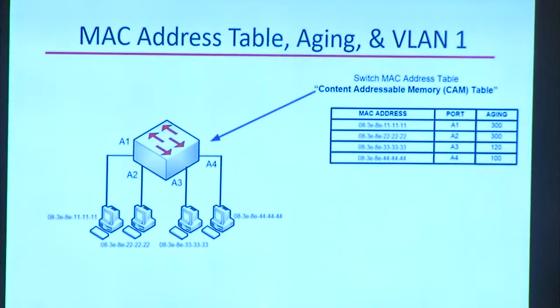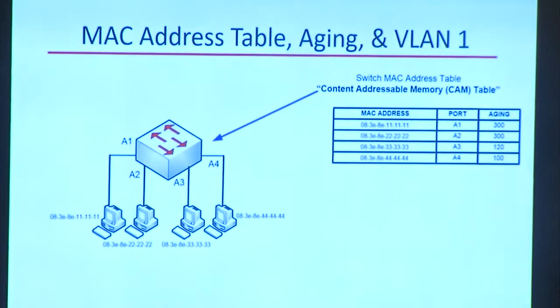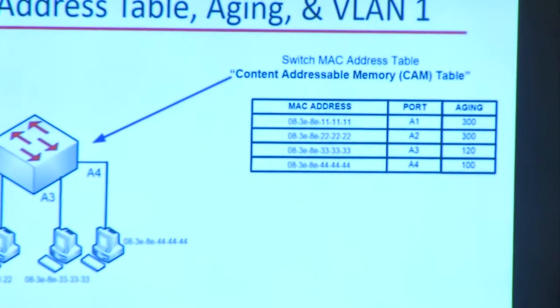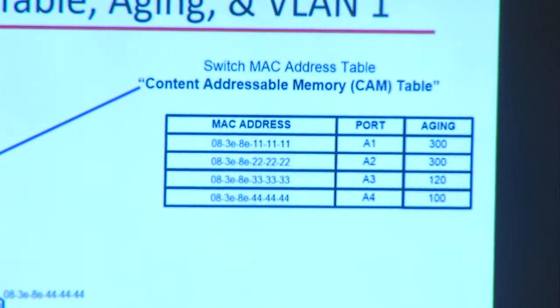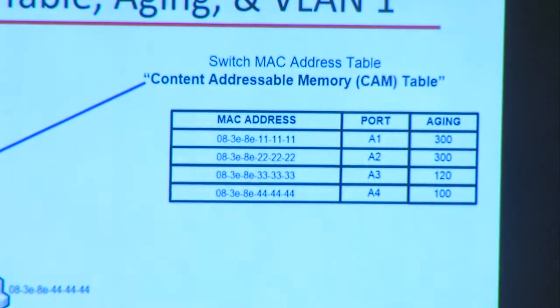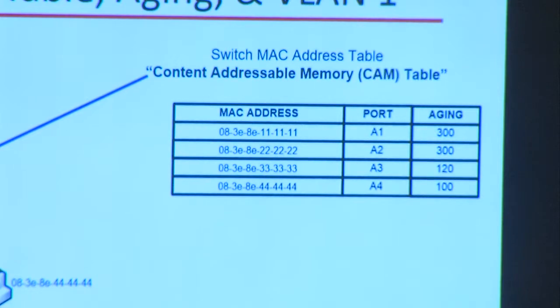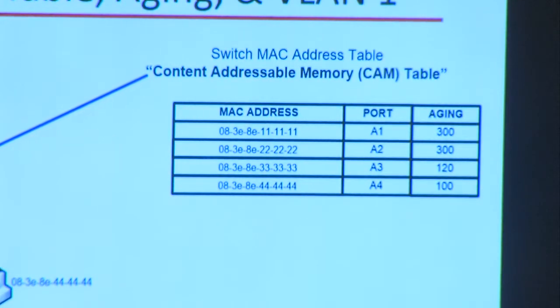And there are different defaults. 300 seconds is a pretty common value. On a managed switch, you can also change that value. And when the aging timer expires, what happens? Well, that MAC address is just automatically erased.